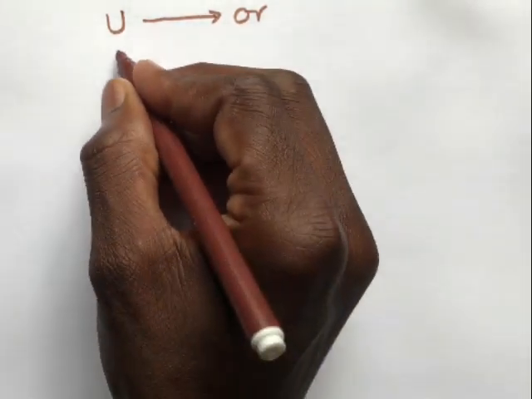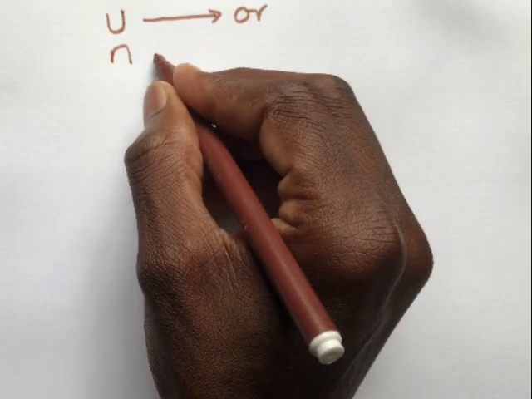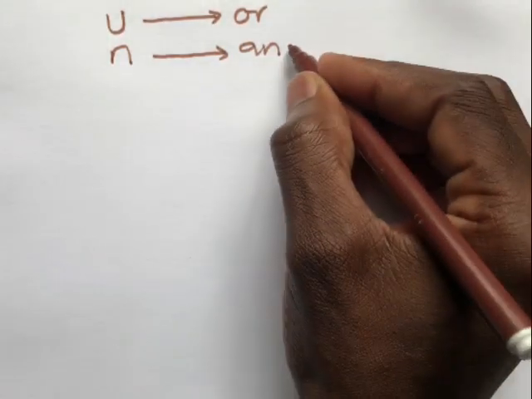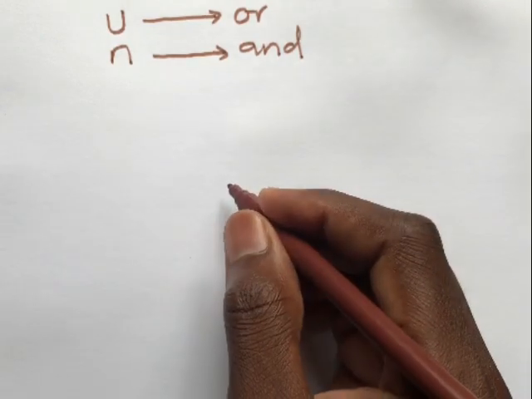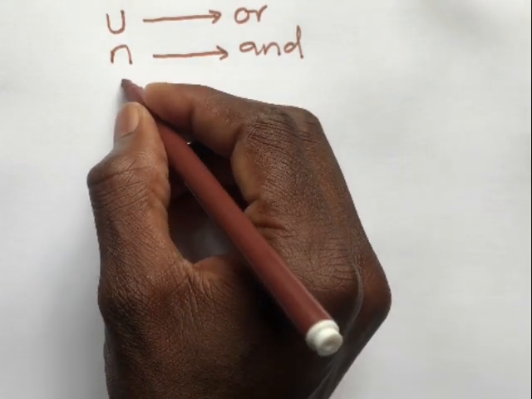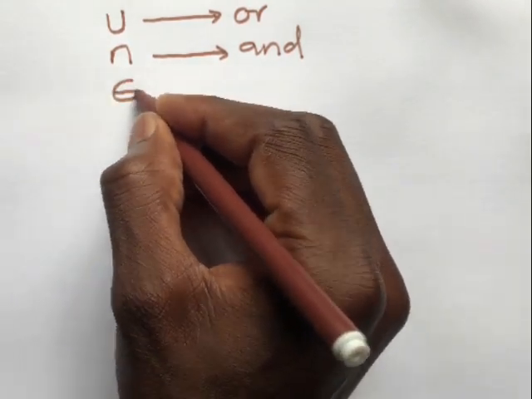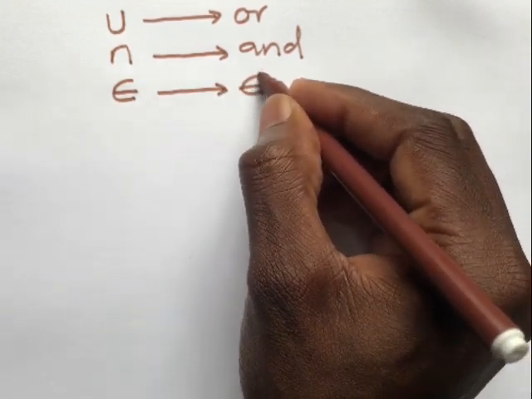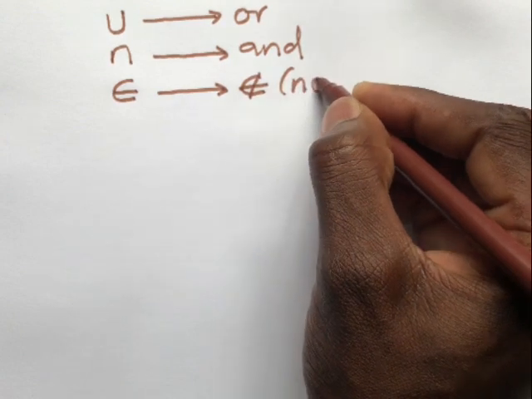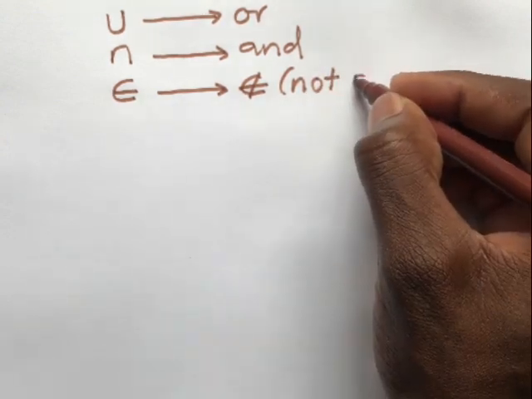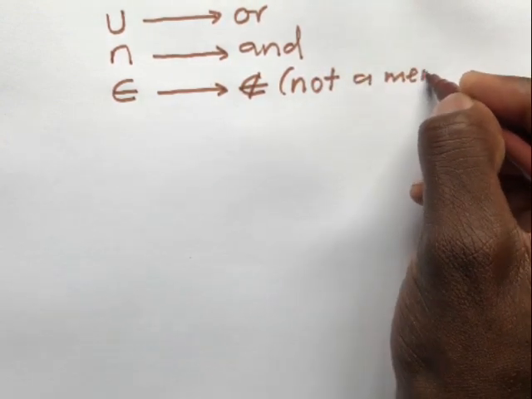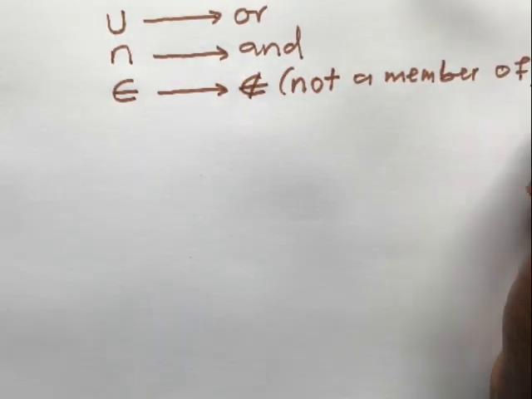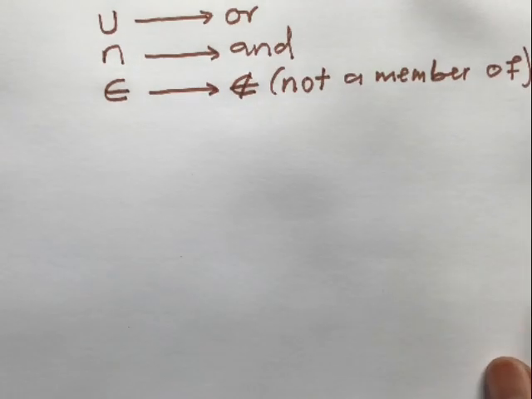We also have intersection, which changes to the word and, and then we also have member of, which changes to not a member of. I'll write not a member of inside the brackets.